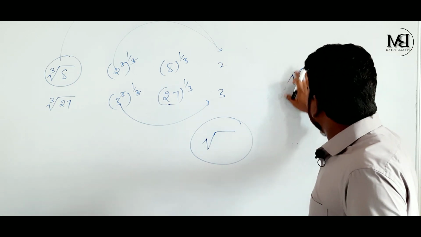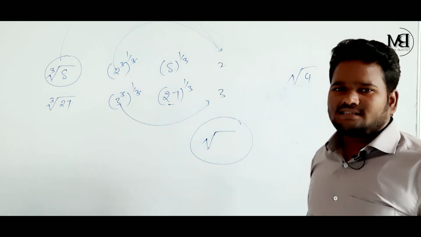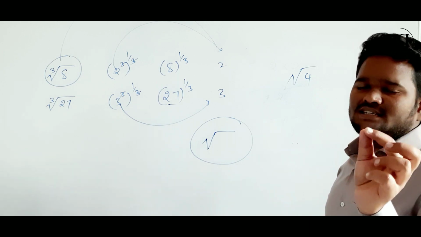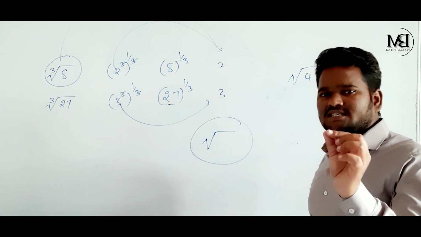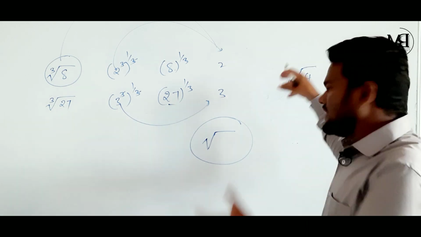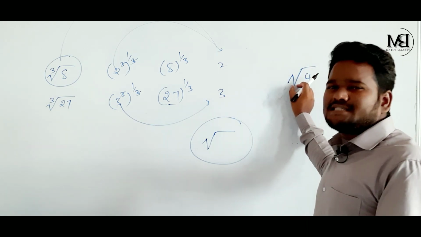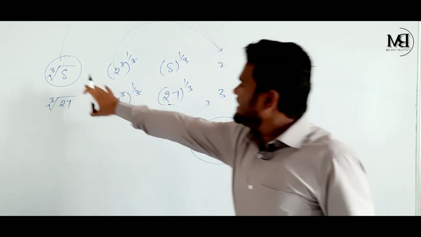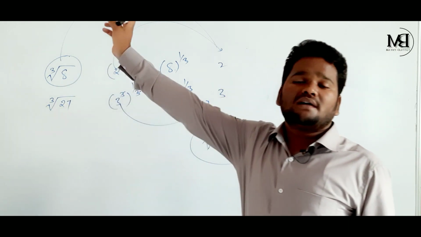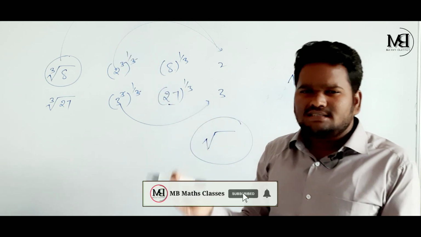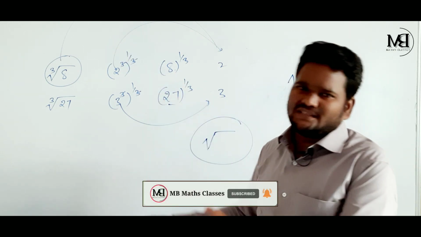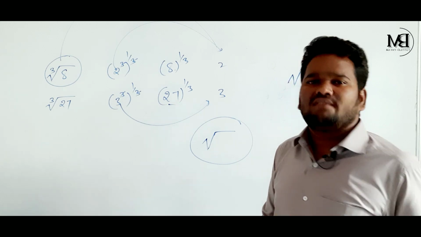If there is nothing, you need to consider that is square root, my dear children. Okay? The value of this square root is power 1 by 2. And here the value of cube root is power 1 by 3. Got my point? Children, to understand easily, I have used this methodology. I think you have understood this.